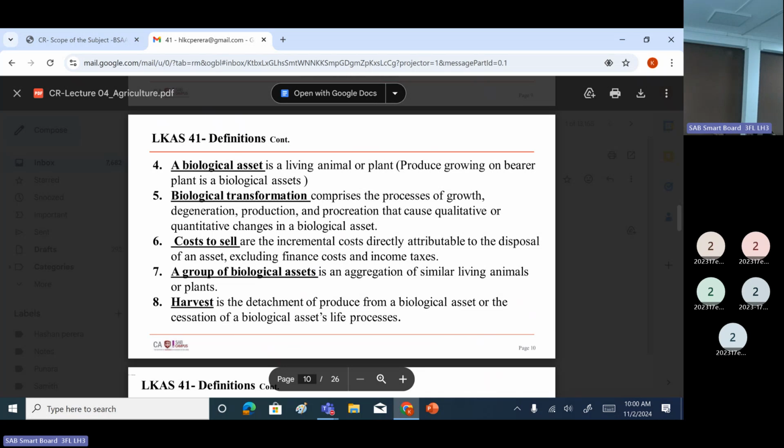It may be growth, degeneration, production, procreation, and both qualitative or quantitative changes in the biological asset. Whatever changes happen in the biological asset will be considered as biological transformation. It may be growth, production, procreation, degeneration. They generate some other birds, the next generation, right?